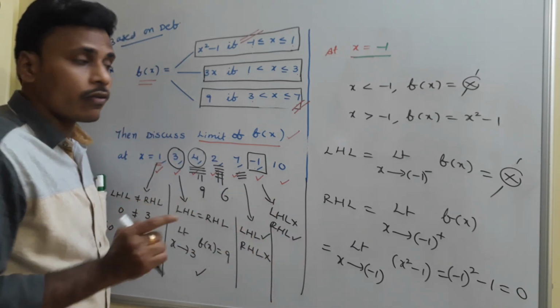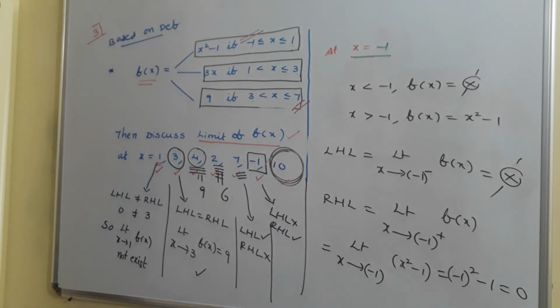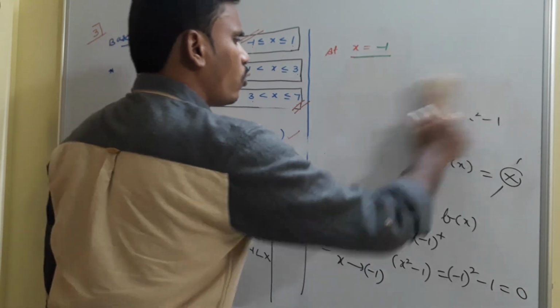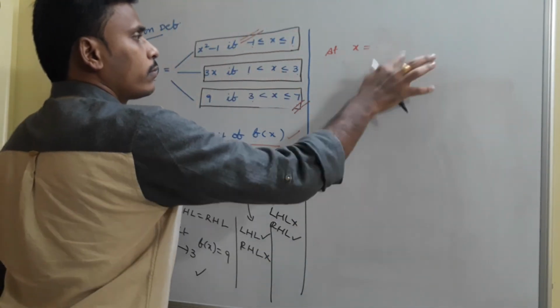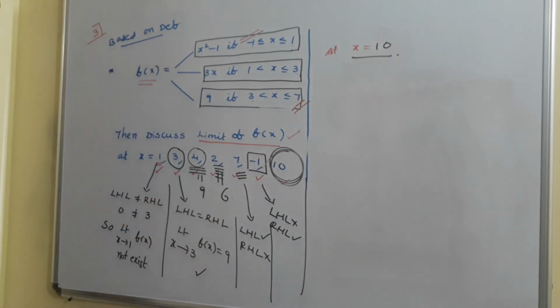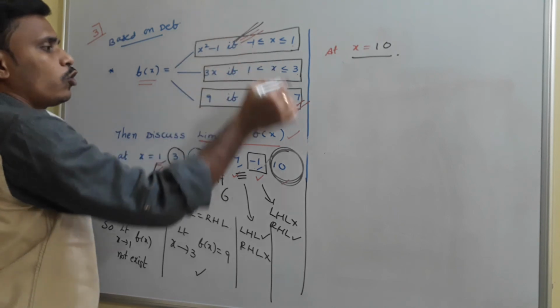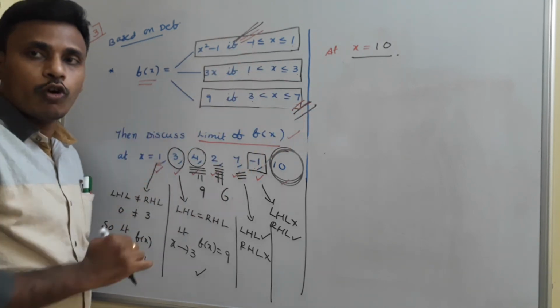Is it clear? One more point I mentioned here is the point number 10. At x equals 10, what will happen? The function is only defined from minus 1 to 7. It is not defined after 7 and not defined before minus 1.